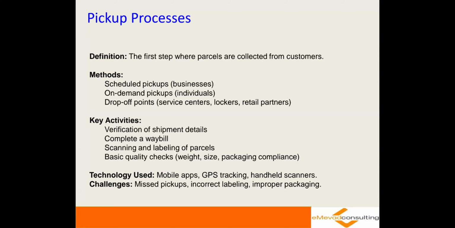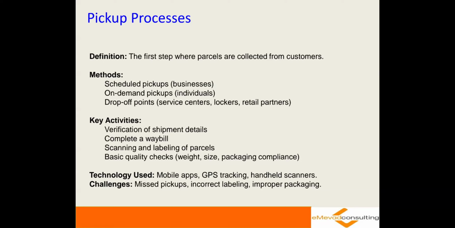Whether the package is fragile or not will be there. Whether it is needed for an emergency, all these details must be captured on the waybill. And on the waybill must be a tracking number, because that is the tracking number that will be used to track and trace the package.